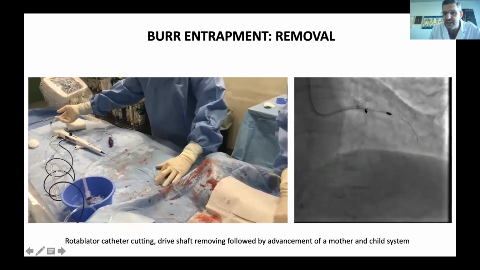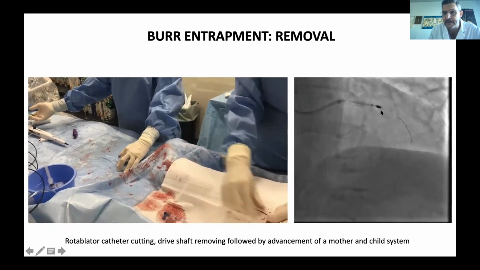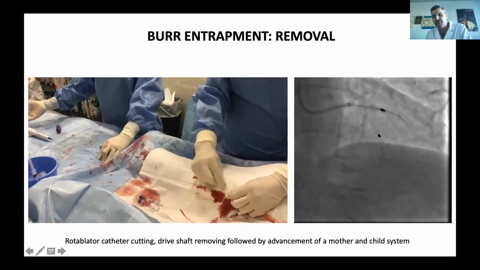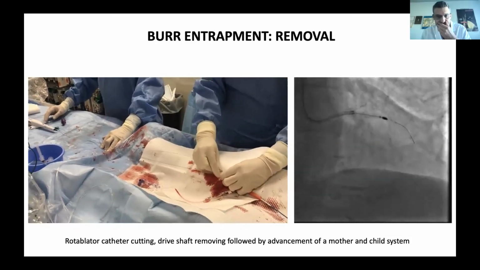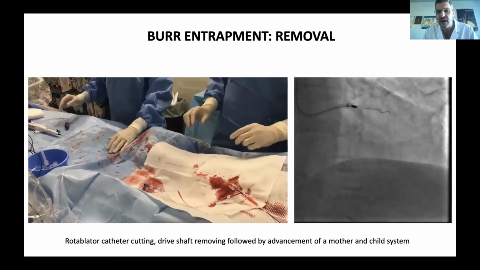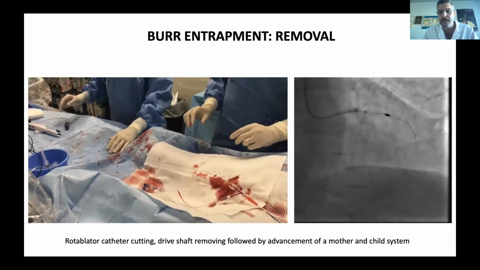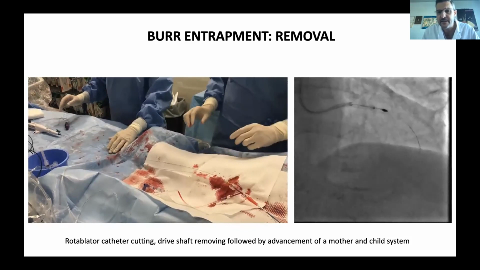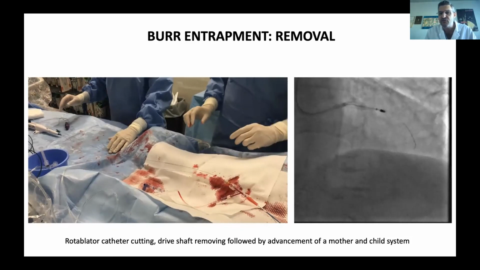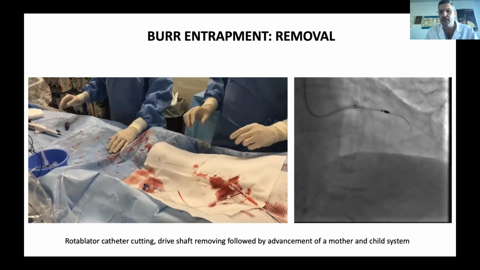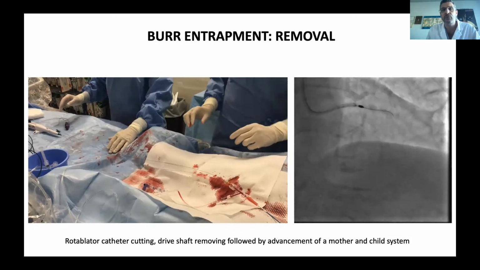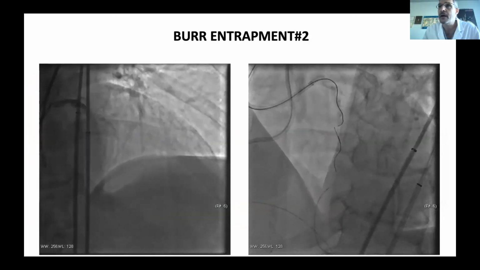You can appreciate here the tip of the guide catheter extension. In this case, the force that you can apply to remove the entrapped burr is very high, and you can remove it successfully and in a safe way. This is a very effective way that we used in 9 out of 10 cases of Rotabur entrapment.